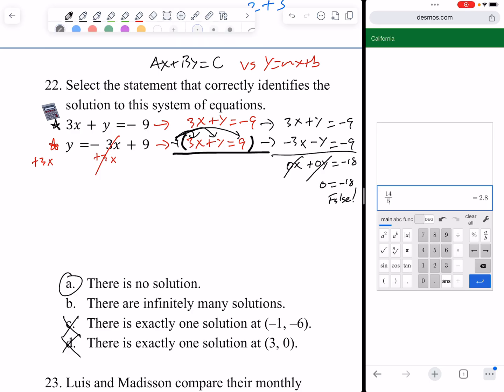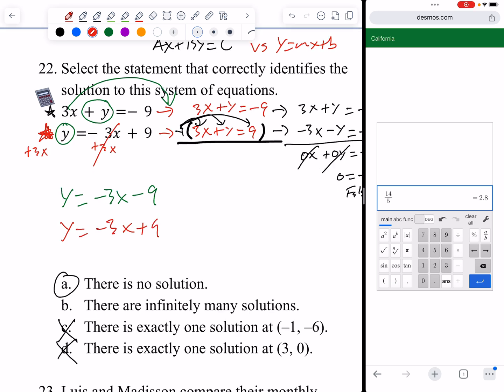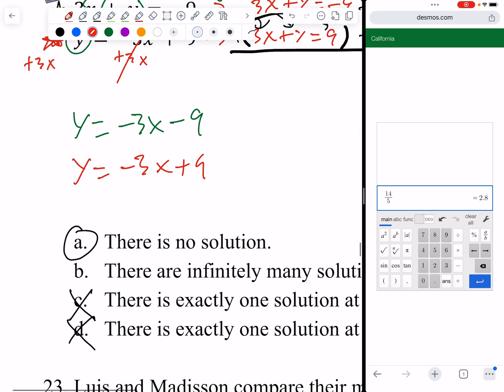The other way around it, and let's see if you kind of get this, is you would have seen, hey, look, the y's by itself, the y's by itself. So if I move that 3x to the right side, I'm going to get y equals -3x minus 9. The second one, y equals -3x plus 9. Can you look at these two lines?